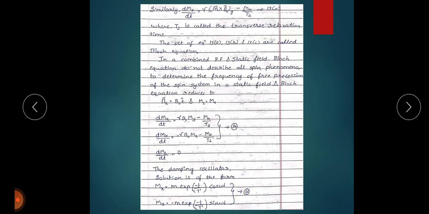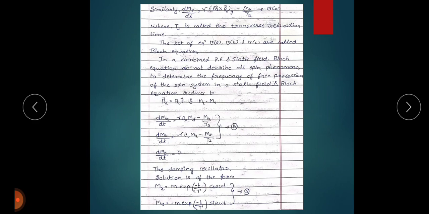Then the rate of change of magnetization along x is dMx/dt equals ν B0 My minus Mx divided by T2. Similarly, along y, dMy/dt equals minus ν B0 Mx minus My divided by T2. This is taken as equation 14. Next, dMz/dt is 0.